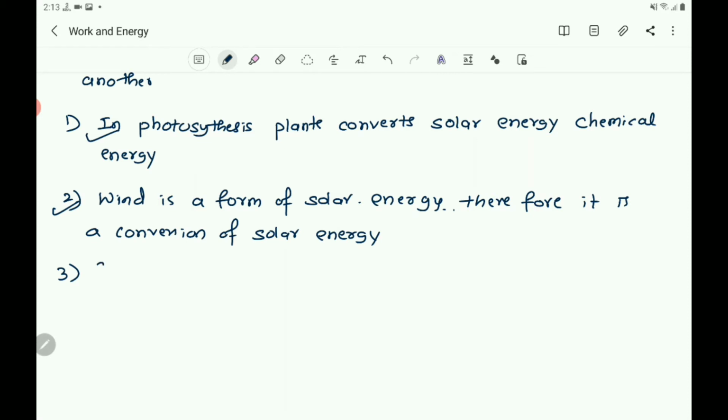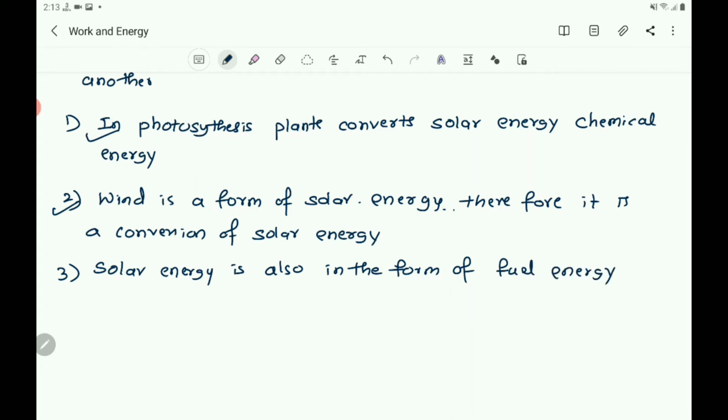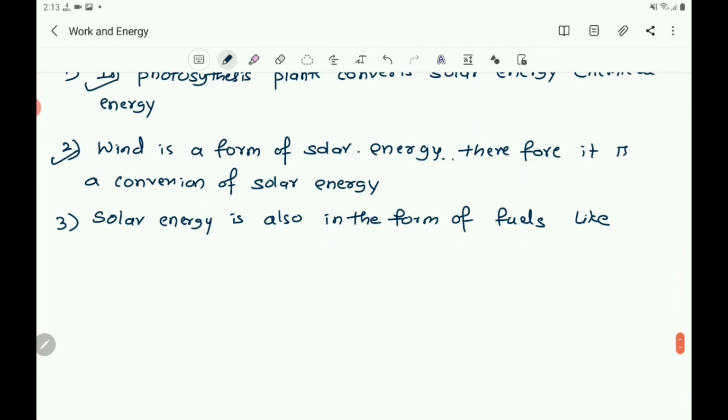So, let's say that solar energy is also in the form of fuel energy, or you can take fuels like coal and petroleum.